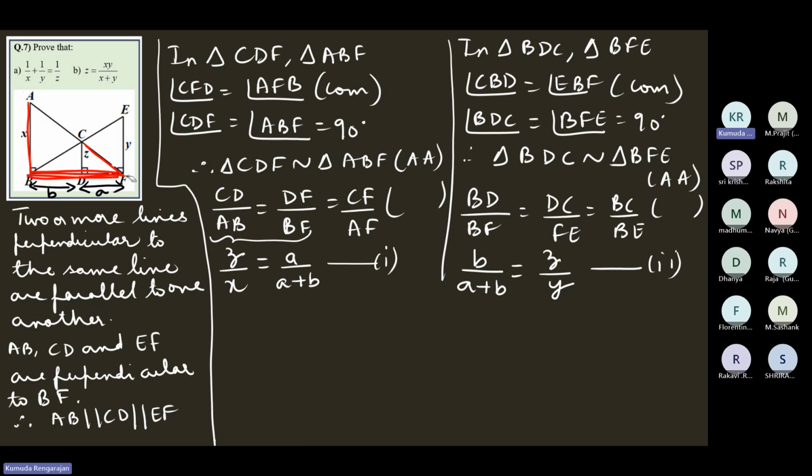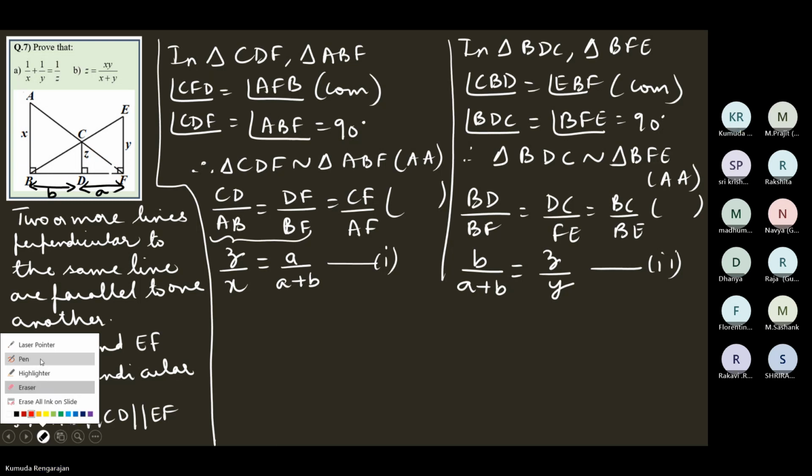We are taking BF because it is common to both the sets of triangles, so in both the proportions you will have a ratio from this side BF. With the help of that, you can connect the two proportions.